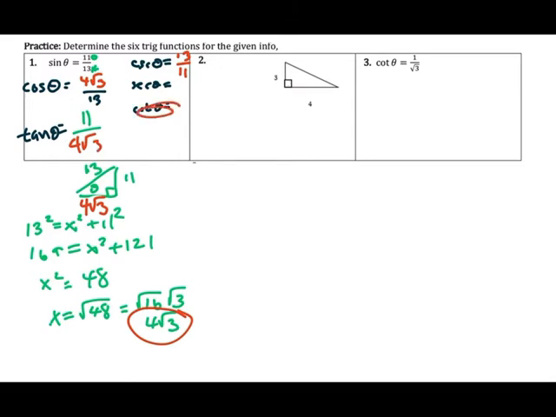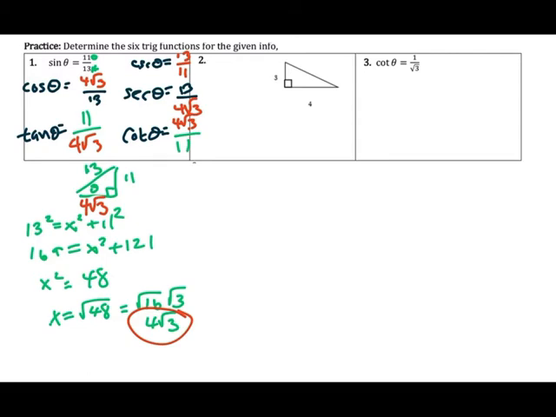In this case, I am fine with you leaving it unsimplified. Cosine and secant go together, so I'm going to take the reciprocal here, 13 over 4 root 3, and cotangent would be 4 root 3 over 11. So there are my 6 trig functions.